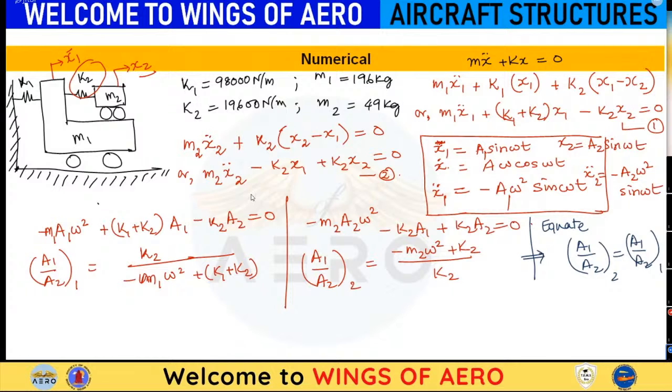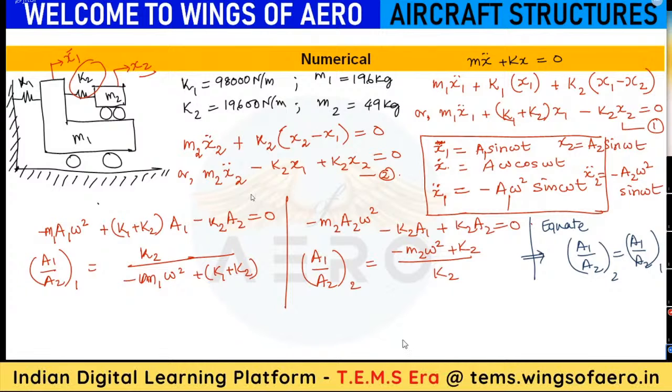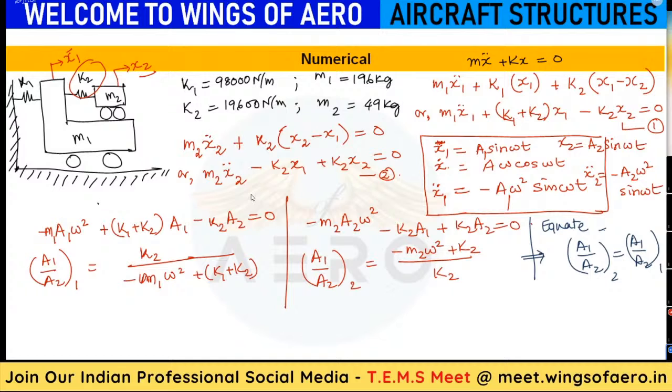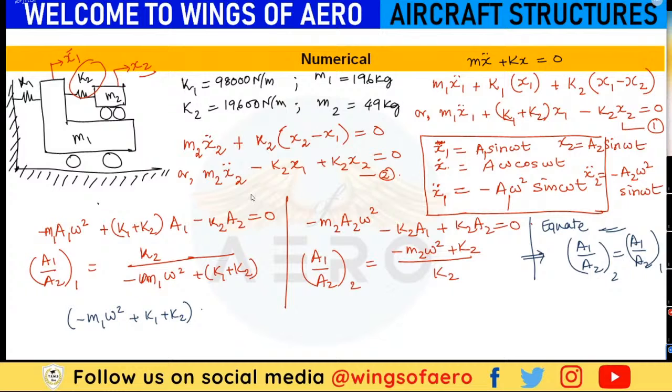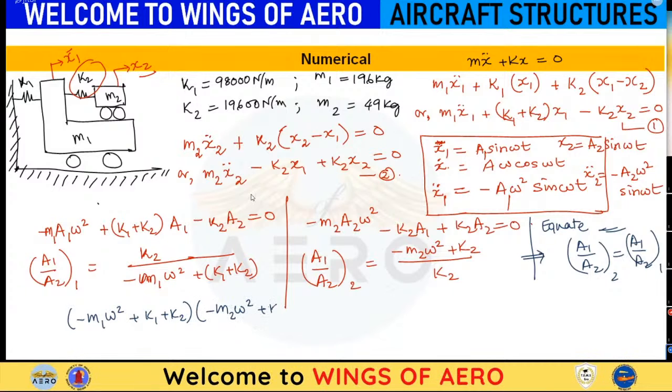Could you follow, all of you? Now after equating, what will you get? We'll get minus m1 omega square plus k1 plus k2 into minus m2 omega square plus k2, minus k2 square equal to 0.